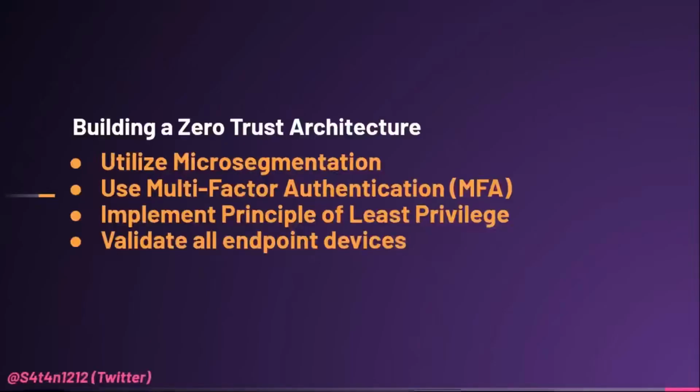Building a zero trust architecture includes these major four steps: utilization of microsegmentation. So, what is microsegmentation? Microsegmentation is the process of breaking up the security perimeters into small zones to maintain separate access for separate parts of the network.